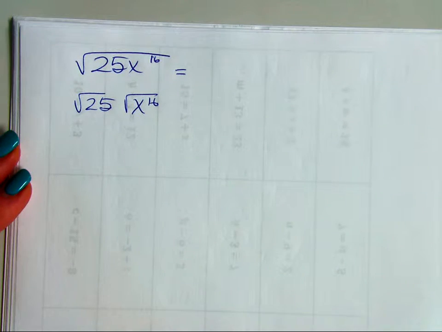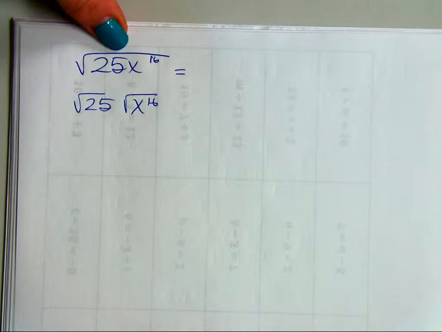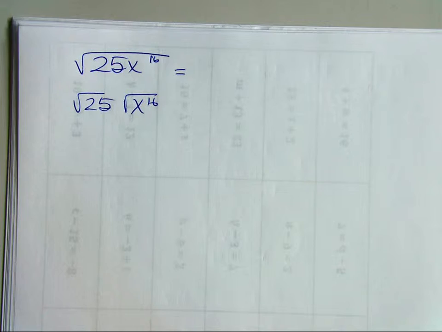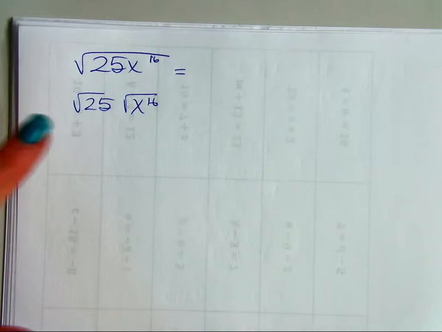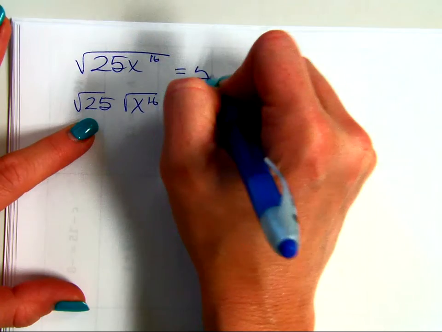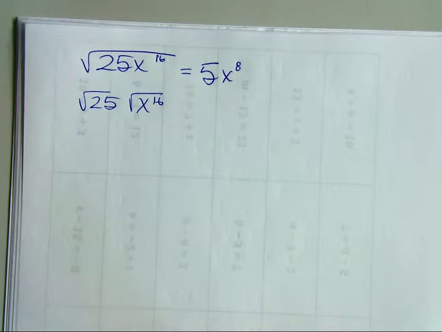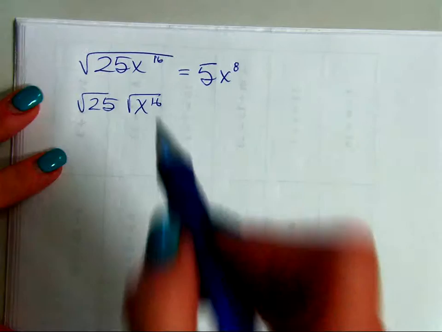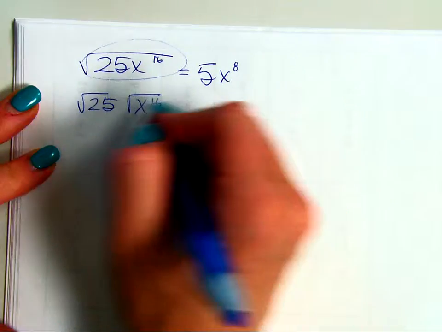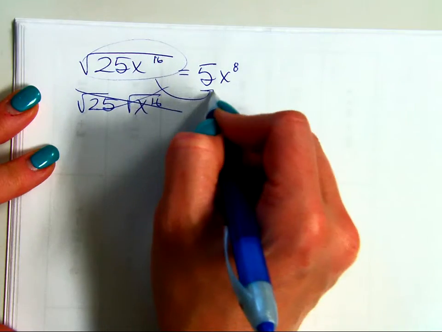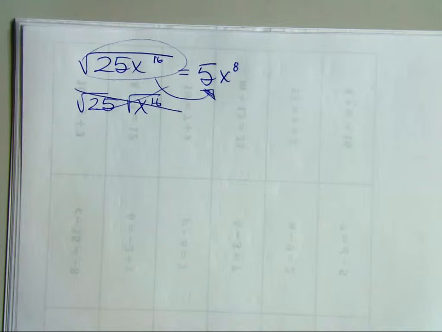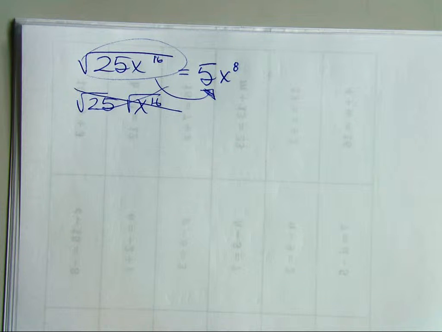If this looks too confusing and you want them to each have their own separate radical, you look at it as, okay, the square root of 25 is 5, and the square root of x to the 16th is x to the 8. Go for it. If these are all perfect squares, you don't have to show any work. You go right to an answer, and I don't tell you that often, do I? Okay? Because there really isn't much to show until you get to a problem like this.